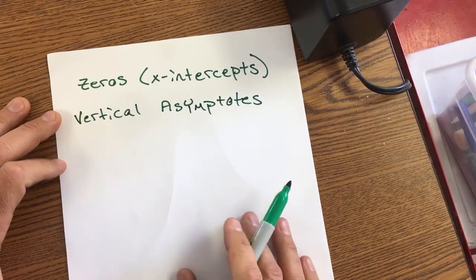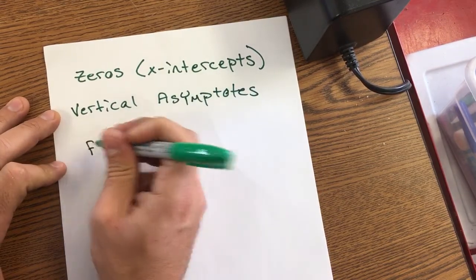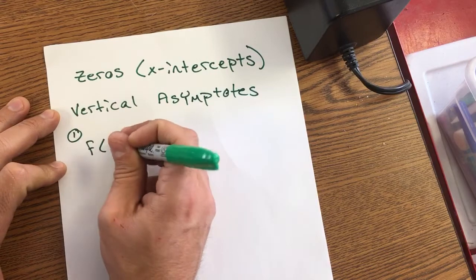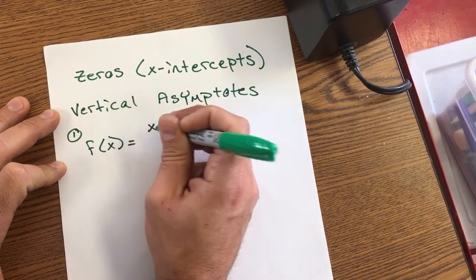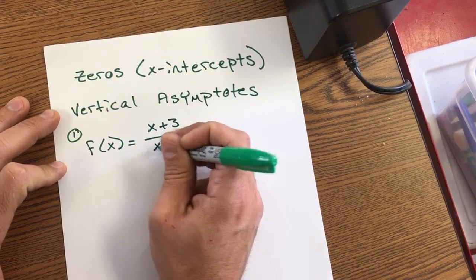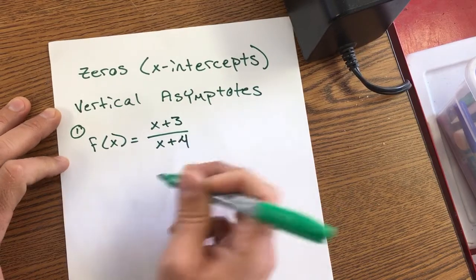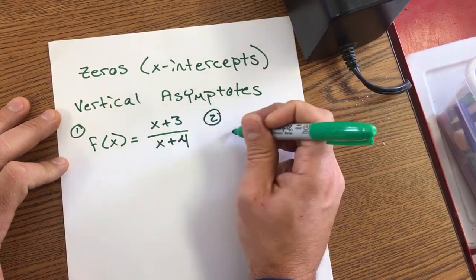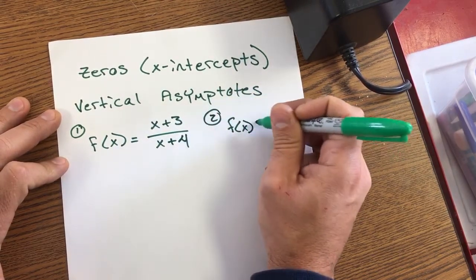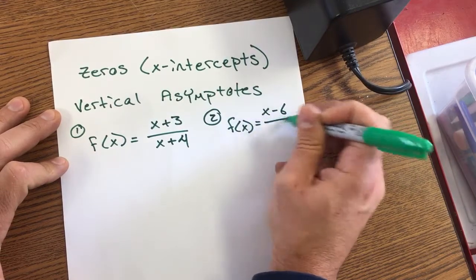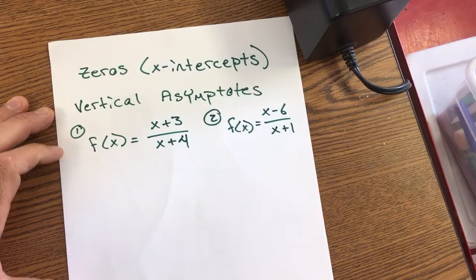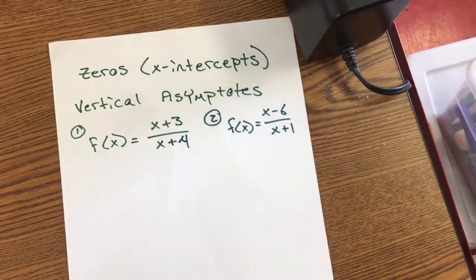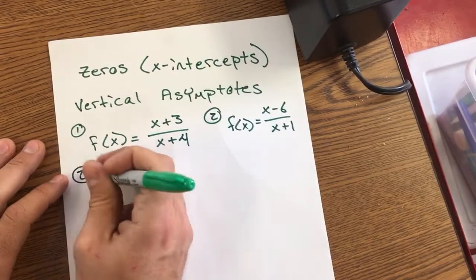But I want you to find the zeros and vertical asymptotes for this problem, this problem, and this problem.